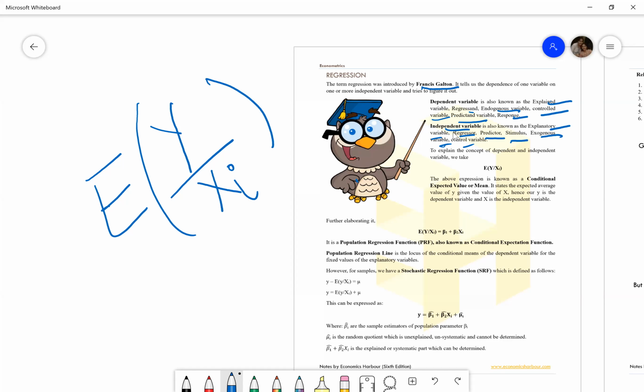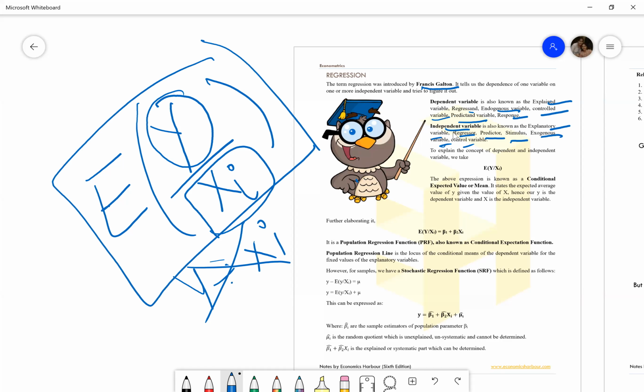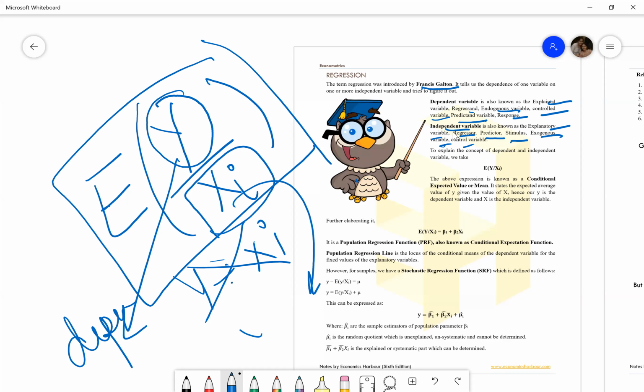This is not dividing Y by Xi, no. It is what is the value of Y in a given model with respect to the value of X. And from this, we come to know that Y is your dependent variable and Xi is your independent variable.